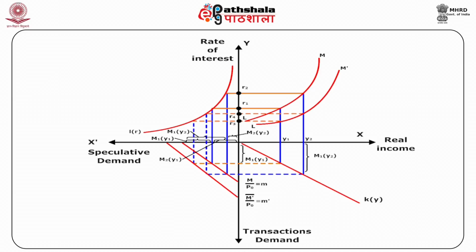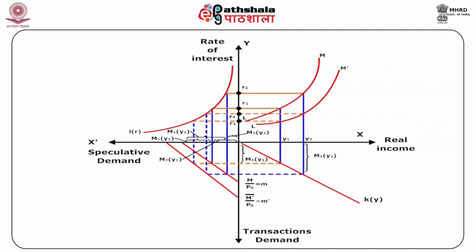Now similarly, if we consider Y2, then drop a perpendicular from Y2, it comes up to KY. At KY, we can easily see that the money demand due to transactions purposes M1 is dependent on Y2.